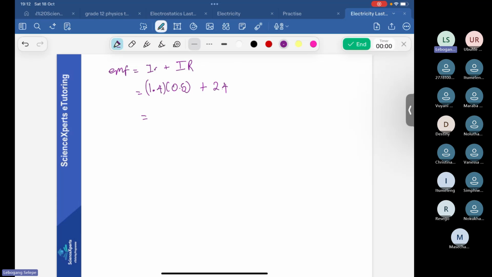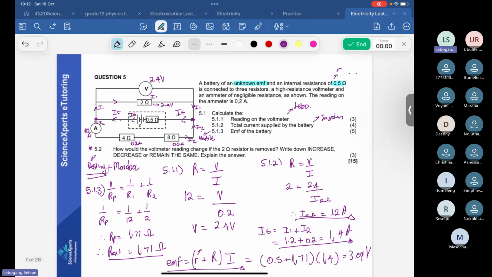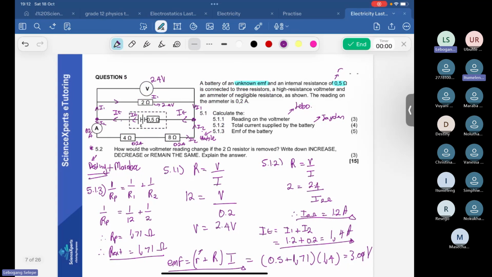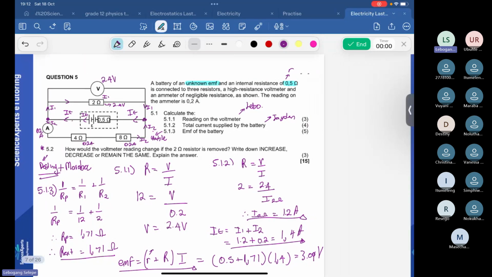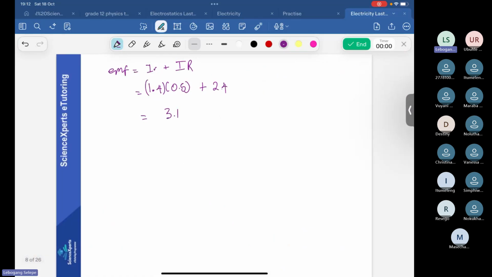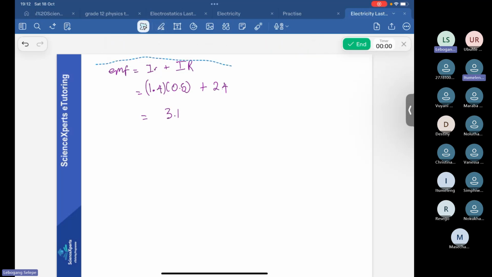That's correct. It should give you the same answer as ours. Which means I punched the wrong thing because I didn't get the same answer, but the substitution is correct. So you're saying 3.1 and 3.09 are not the same. No, I'm saying I didn't get 3.1, which means I substituted the correct thing, but when I punched on the calculator, I punched the wrong numbers and then I got 3.6, but the substitution is correct. Oh, okay. Yeah, that's very correct. It's also fine if you did it this way. Okay, thank you.